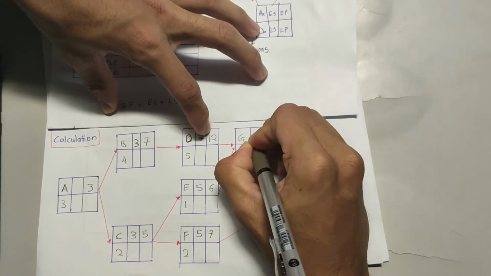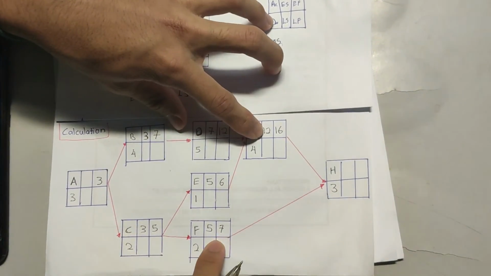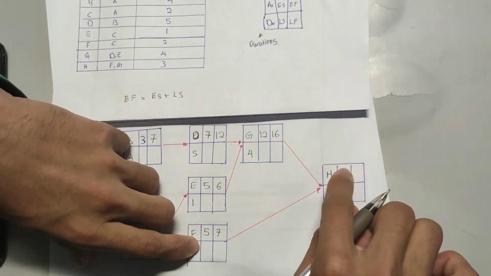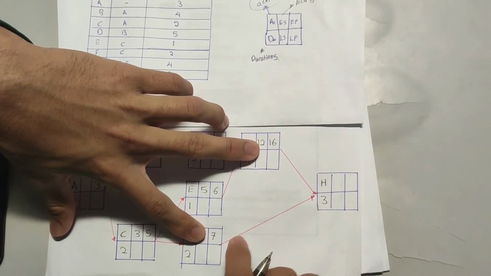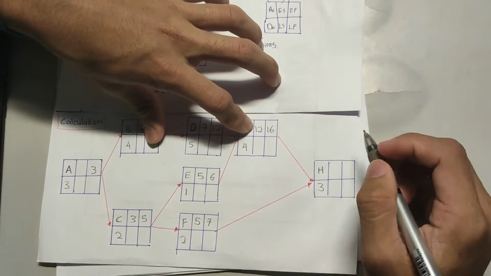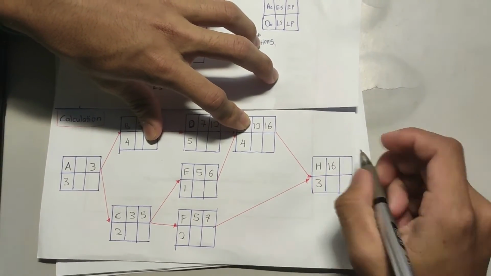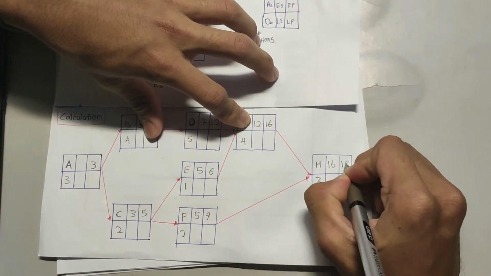So start with 12, plus 4 is 16. And to find H, you must find the biggest number from G and F, which is 16, and 16 plus 3 is 19.